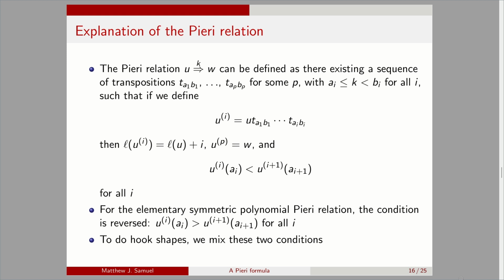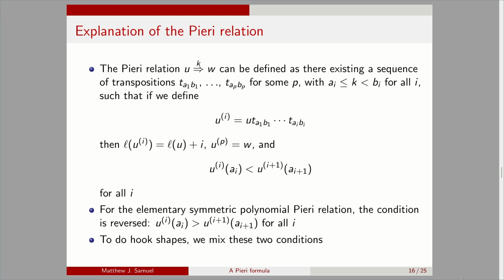So we define u_i to be u times t_{a1 b1} through t_{ai bi}. In order for the Pieri relation to hold, the length of u_i has to be the length of u plus i, and u_p, the last one, has to be equal to w.